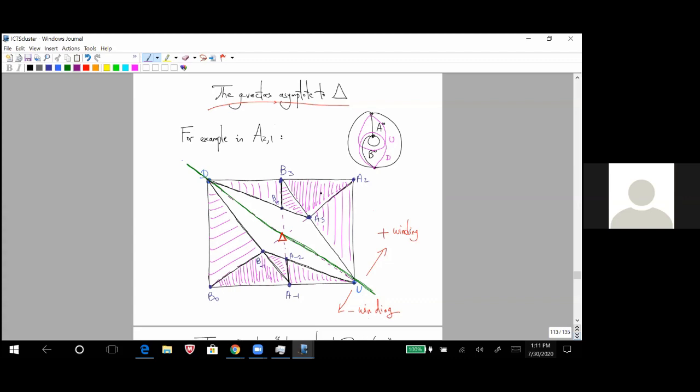Everything that's shaded in here is a certain cluster cone. For example, this kind of cone, A2, A3, B3, this is from this type of triangulation. So I can start with this triangulation, let's say A0, A1, and B1.